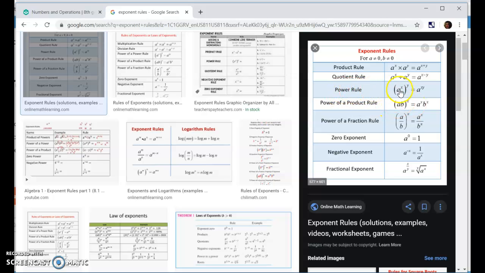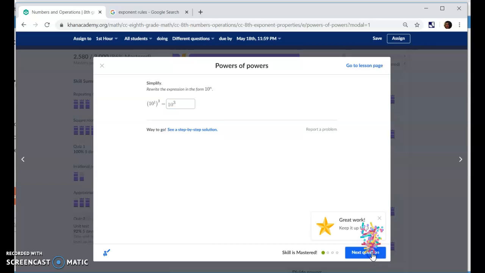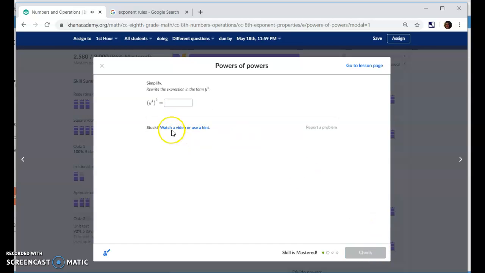We're looking at power rule. Okay, so this is just the two exponents multiplied together because we have the base number with the first exponent in parentheses. All right, so 1 times 3 is 3, so this would be 10 to the third power. Okay, because it's just 1 times 3. Check. Okay, I'll do one more here.